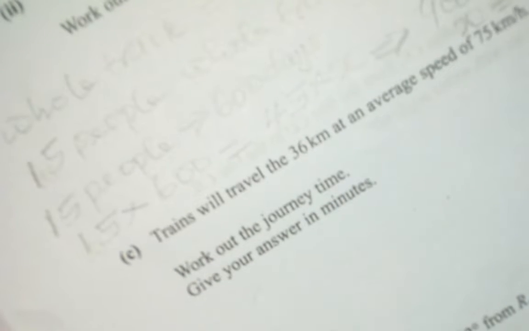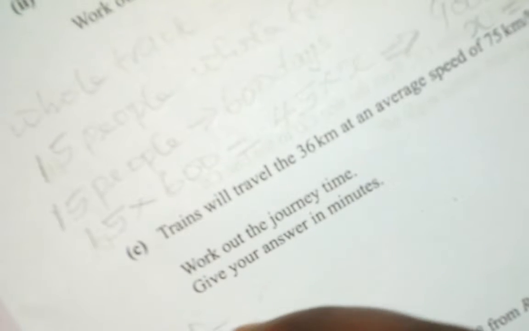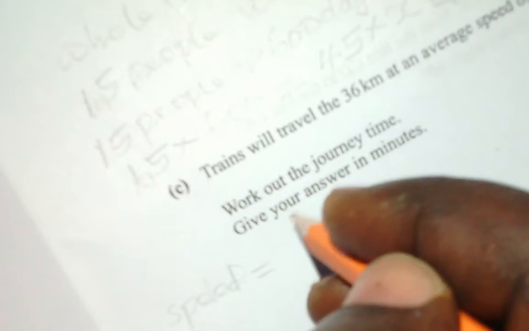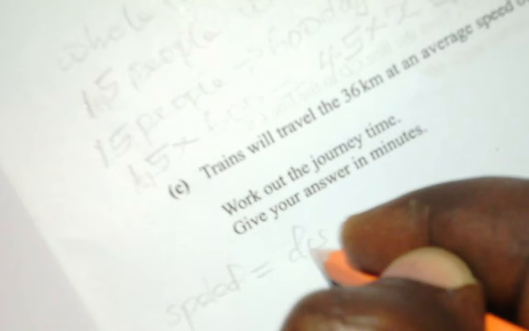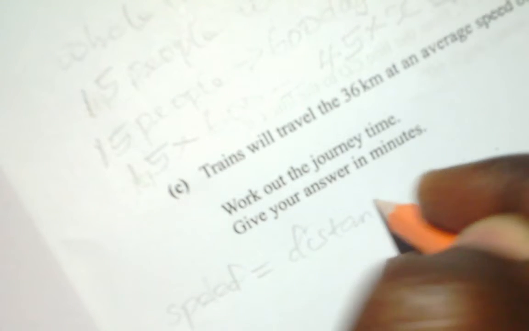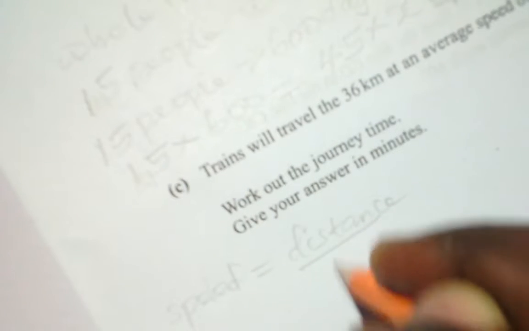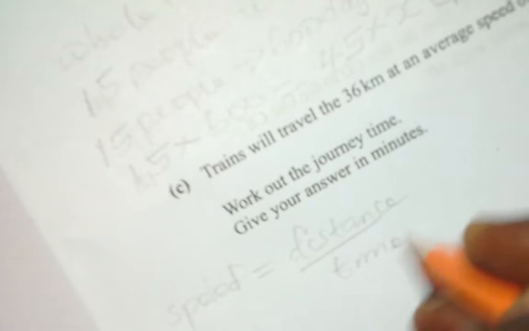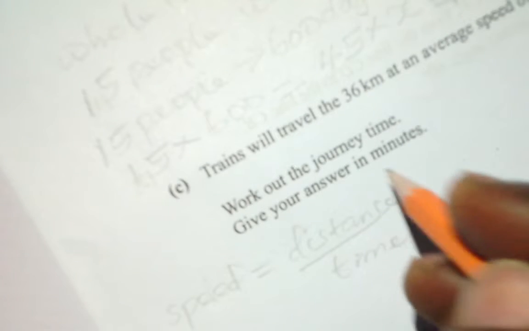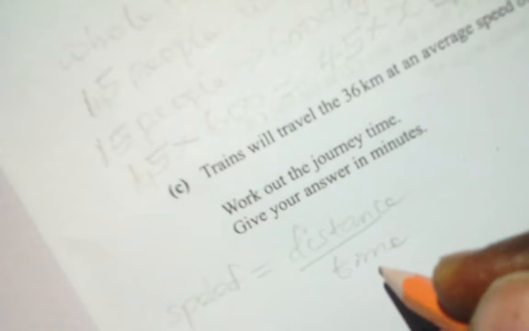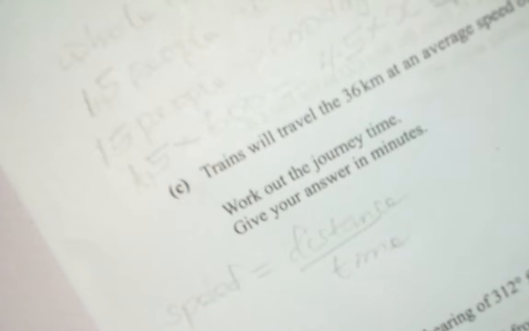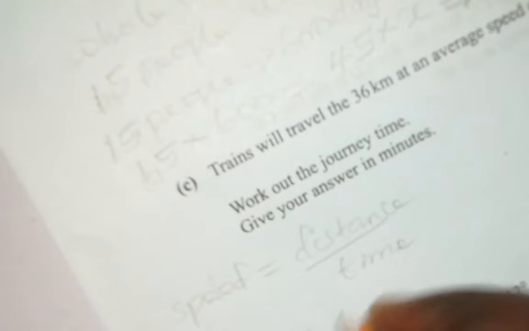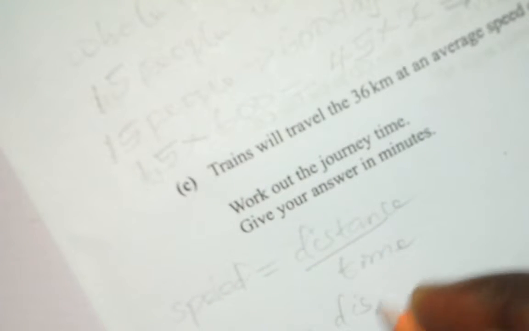Speed is equal to distance divided by time. And we are looking for time here, so making time the subject of this equation, I have time is equal to distance over speed.